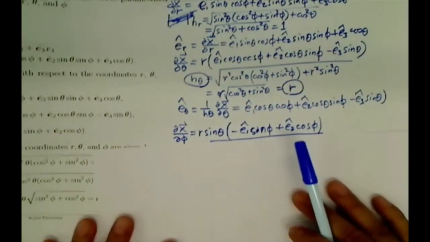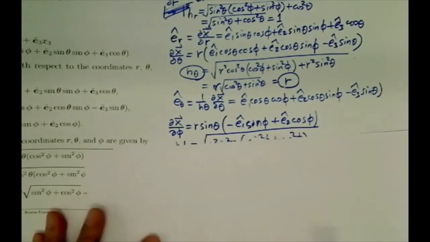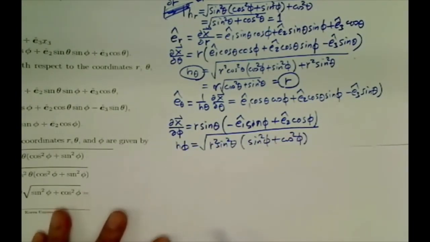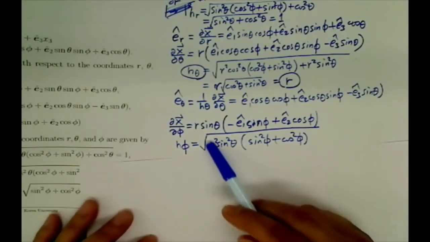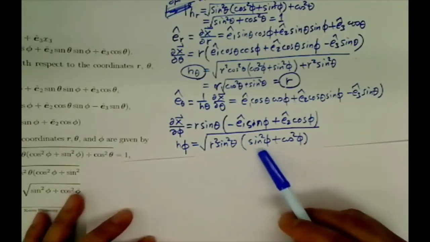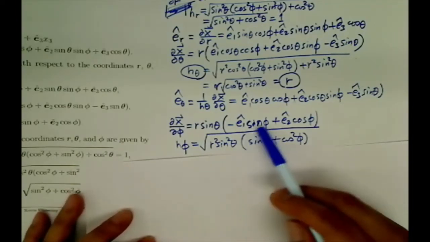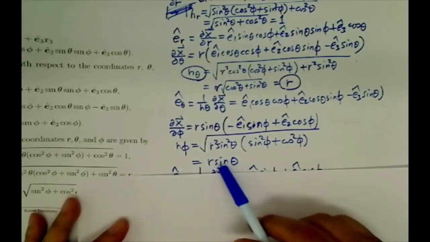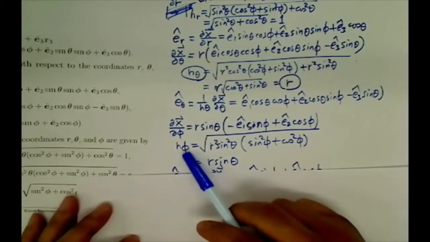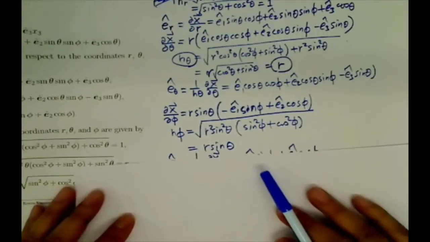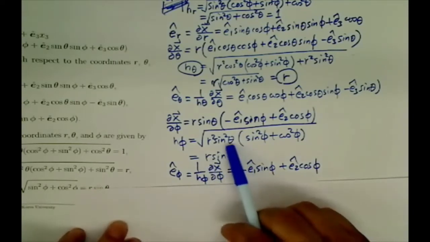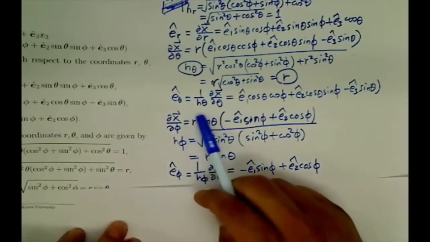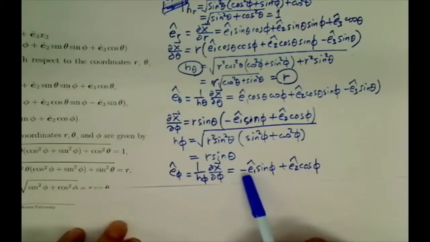For the square of this vector, taking the square root, we find r squared sine squared theta times sine squared phi plus cosine squared phi, which is 1. Finally, we have r sine theta, so the scale factor for phi is r sine theta. In addition, if we divide this vector by it, the factor will cancel, and the unit vector along the phi direction is obtained in such a way.